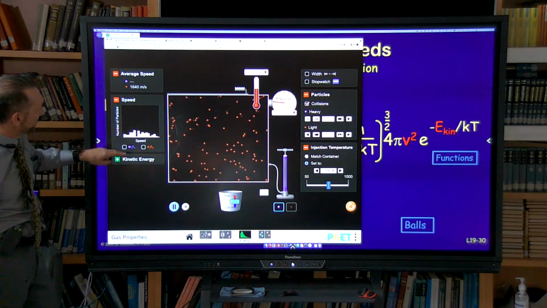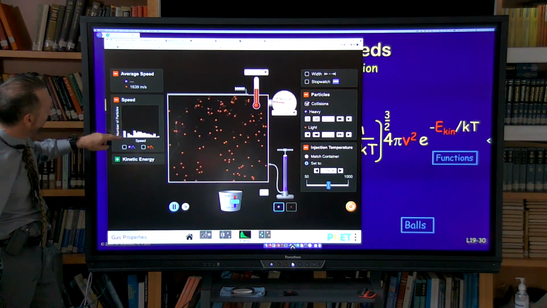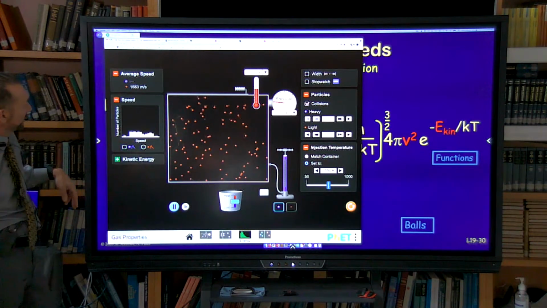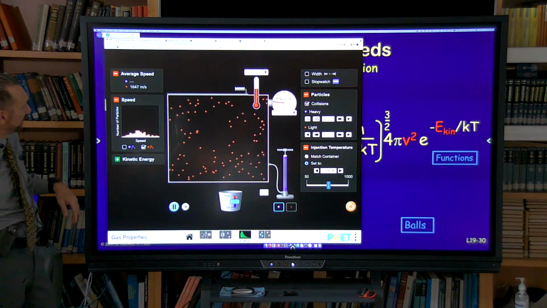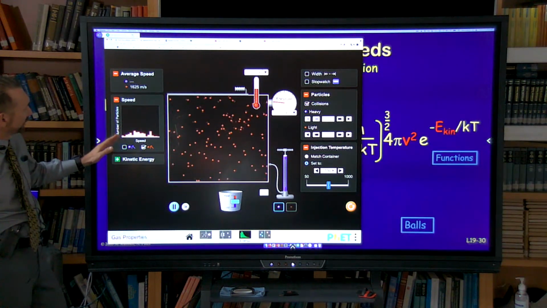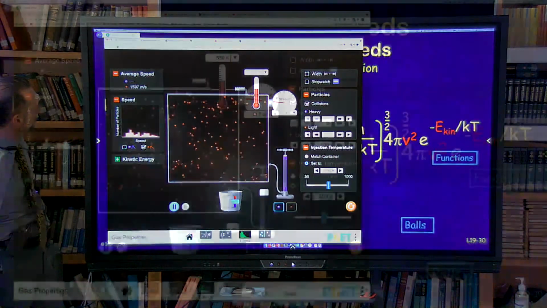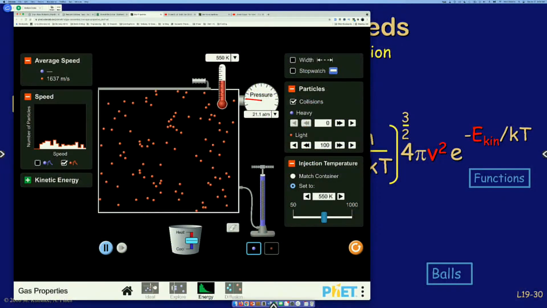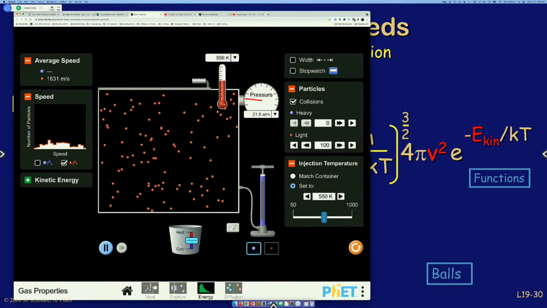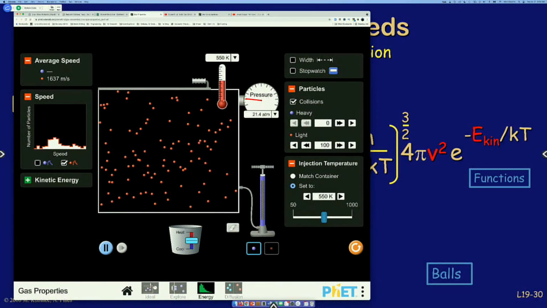Here are the number of particles with various speeds, and I'll overlay that plot so you can see the average. This curve, if you look at it over time, looks like a Maxwell-Boltzmann distribution.